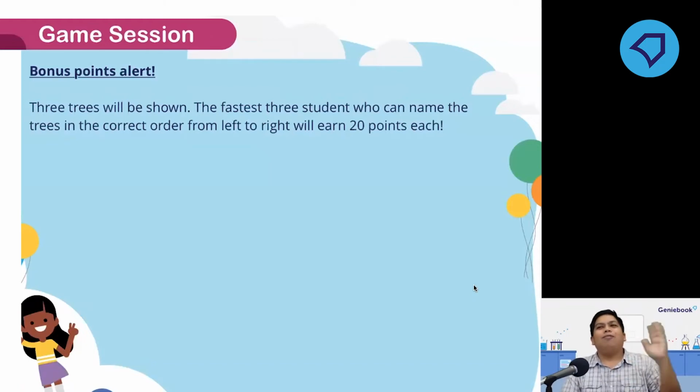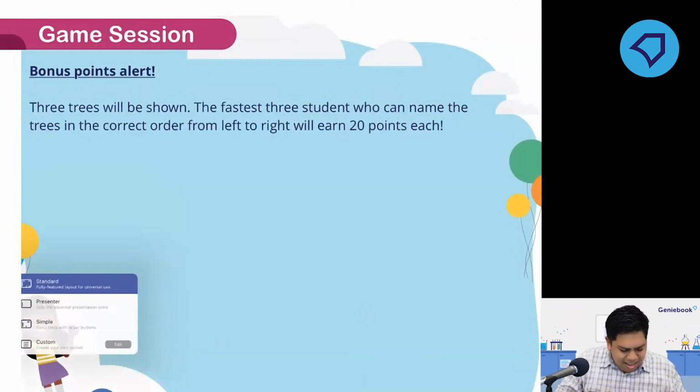All right, are you ready, everyone? All hands ready on your keyboard, because you're going to type. Only the fastest 3 students. I can see so many students already excited, waiting for this.